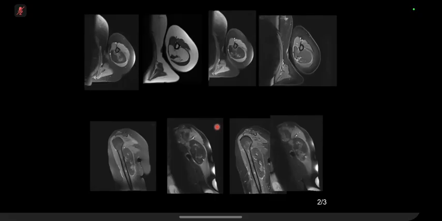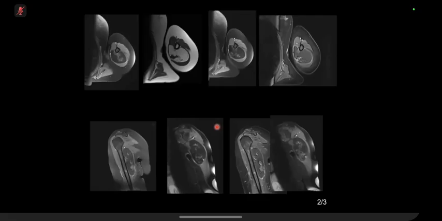And coronal, we've got another STIR. So there's a well-circumscribed lesion, which is high in signal intensity on T1 and low on the inversion recovery sequences. So that suggests fat because it's inverted.